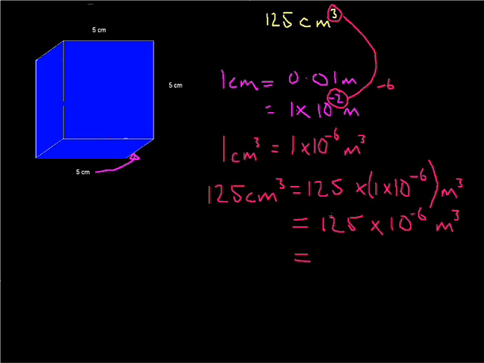As it's a minus, it's obviously going to go up. Don't make the mistake of going down just because it's a negative. It's 1.25 times 10 to the minus 4 meters cubed. And there we go.